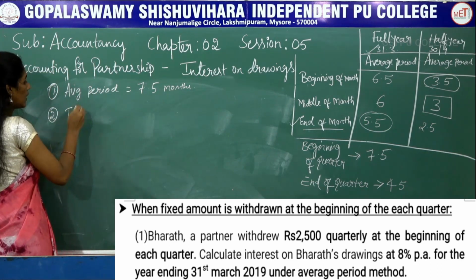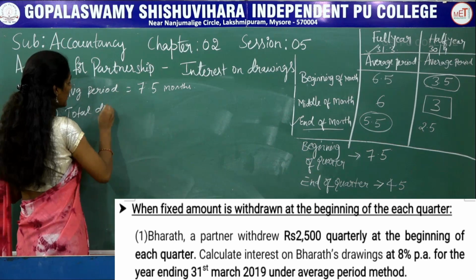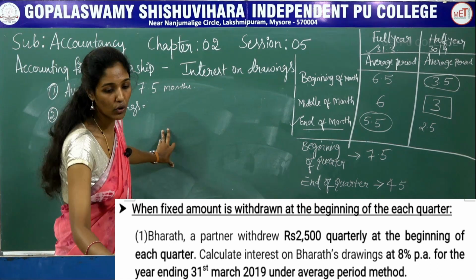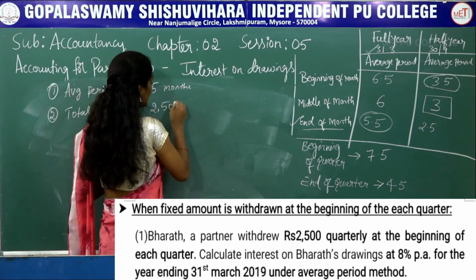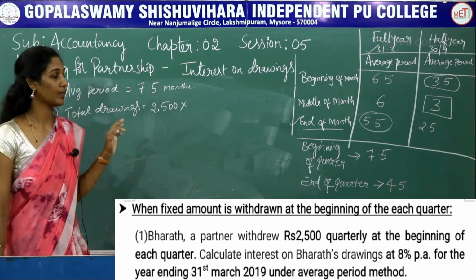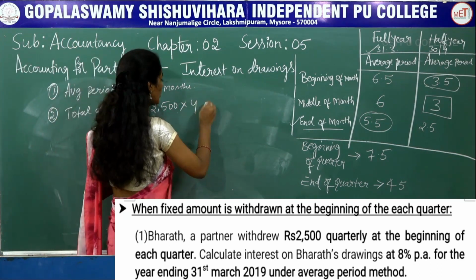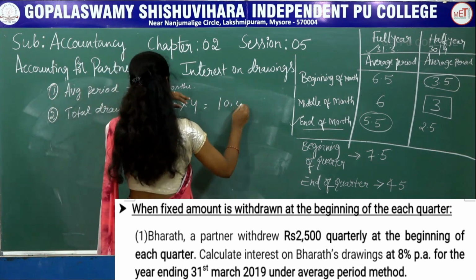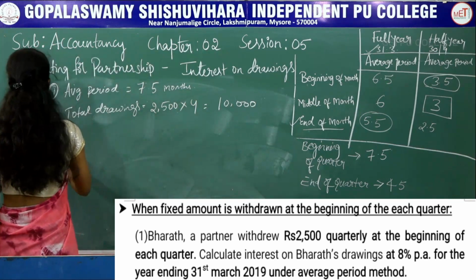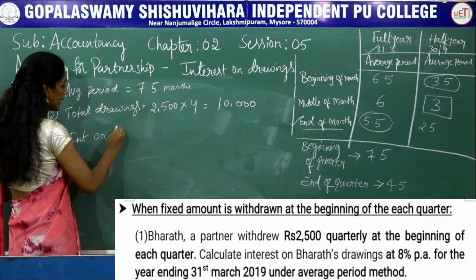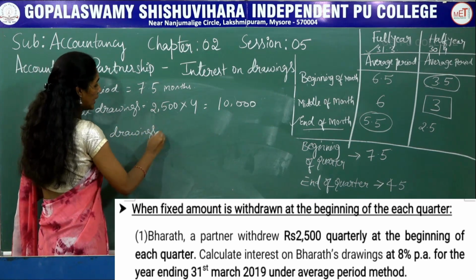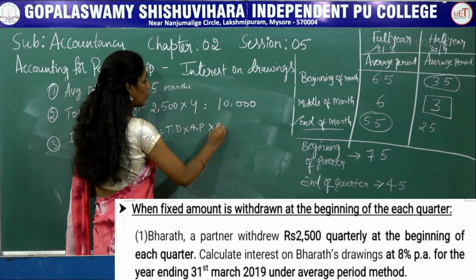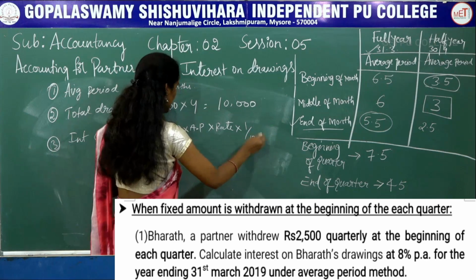The second step is calculation of total drawings. Here he has withdrawn rupees 2,500. In a year there are 4 quarters, so you should multiply it with 4. 2,500 into 4, you will get 10,000. This is the total drawings. After that, apply the formula: interest on drawings equals total drawings into average period into rate into 1 by 12.